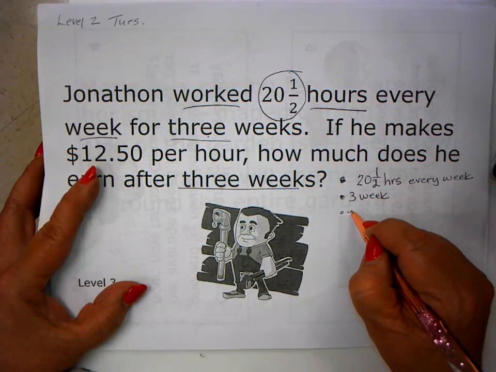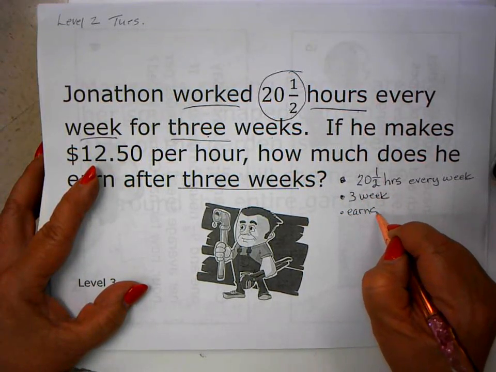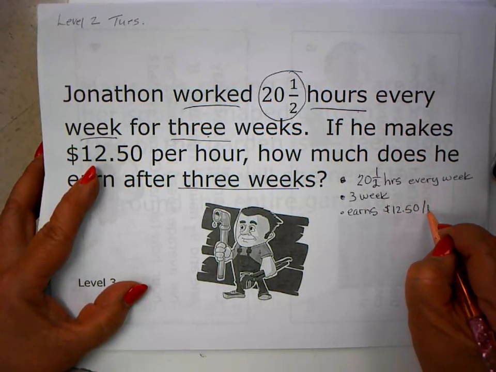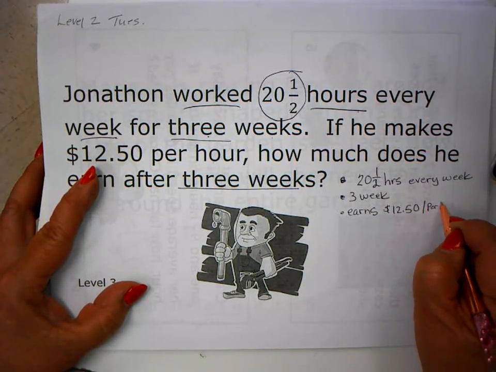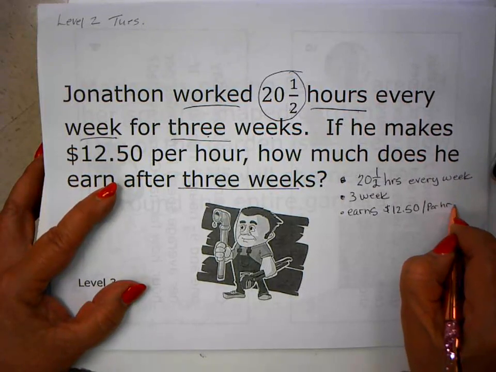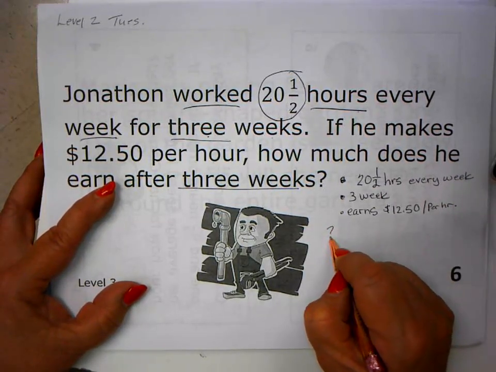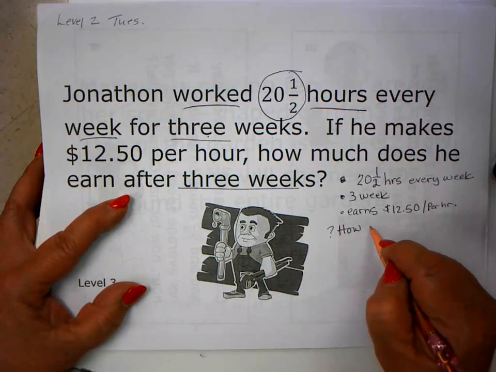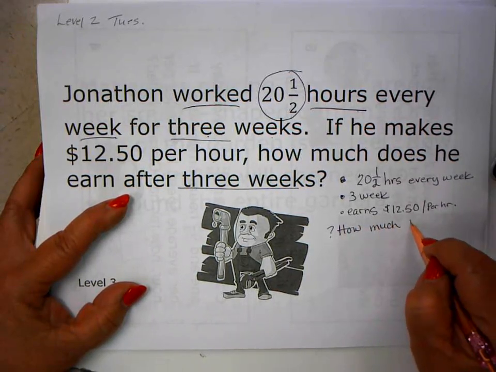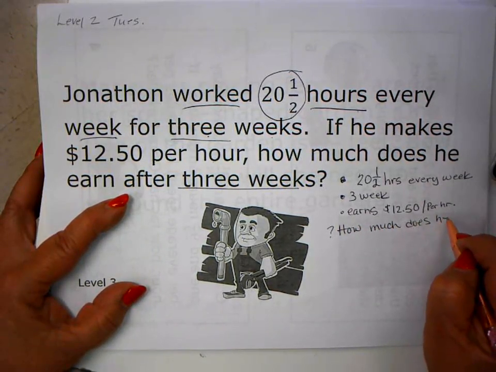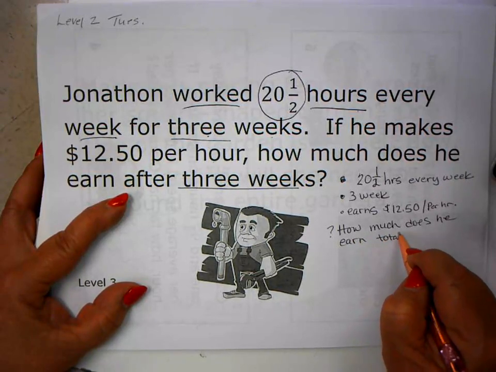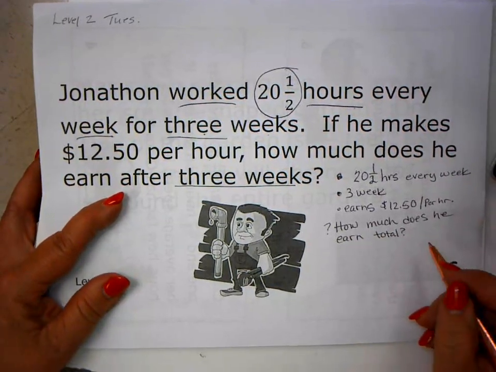And he earns $12.50 per hour. So for each hour. The question is how much does he earn after 3 weeks? And I'm going to put total. How much does he earn total after the 3 weeks? Okay.